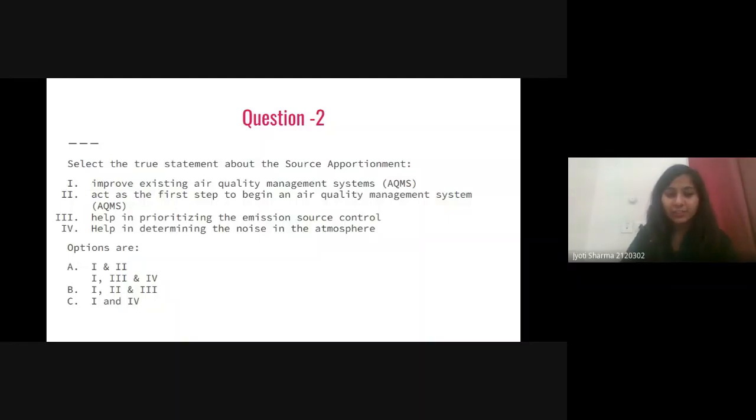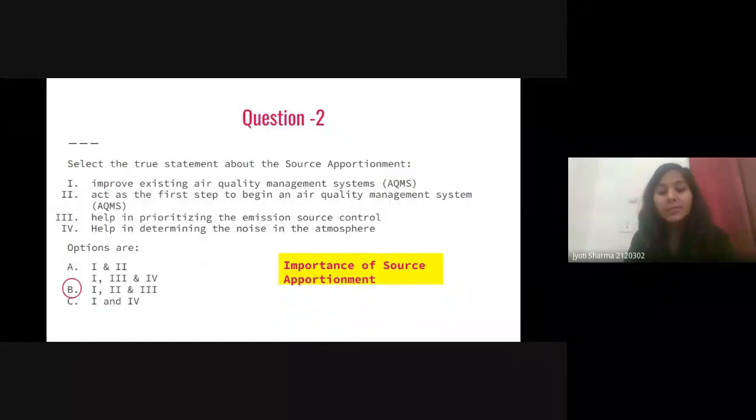And fourth, it helps in determining the noise in the atmosphere. There is no relation of noise to source apportionment. So the answer, A, B, C. So 1, 2, 3 is the right answer.